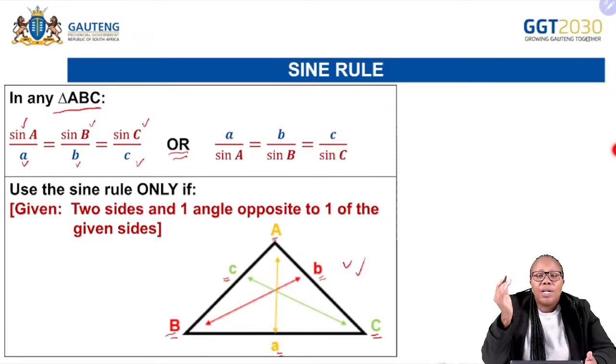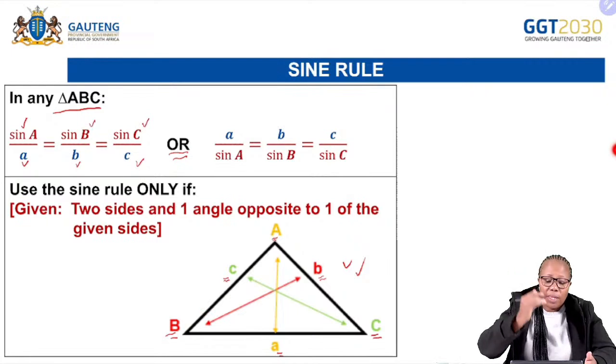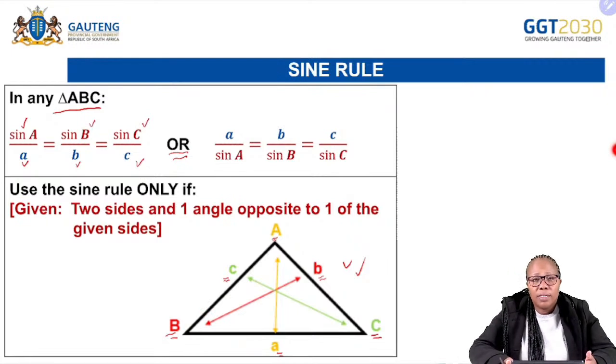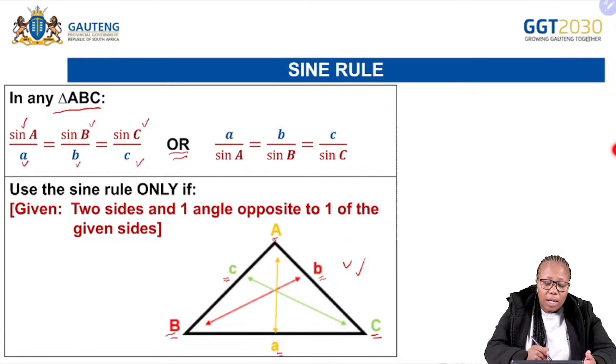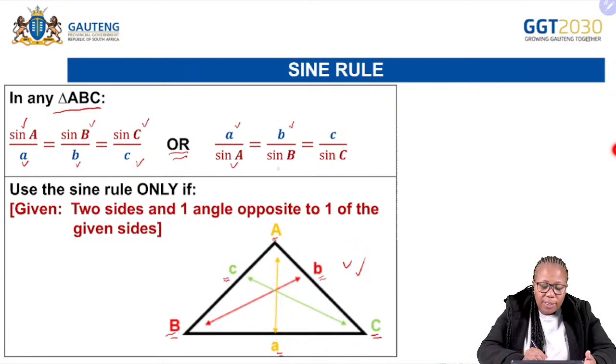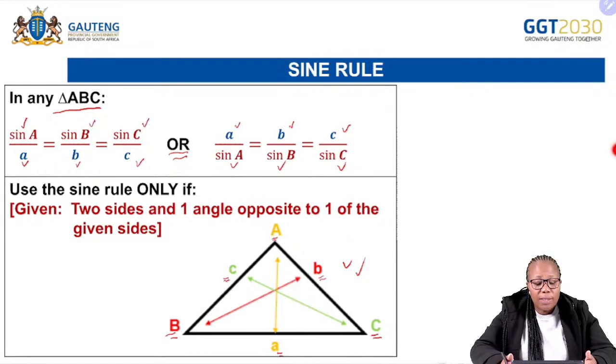So now we can write the side on top and the angles as the denominators. Hence we have side A over sine angle A, side B over sine angle B, equal to side C over sine of angle C. Those are the possible notations that you can use when using a sine rule.